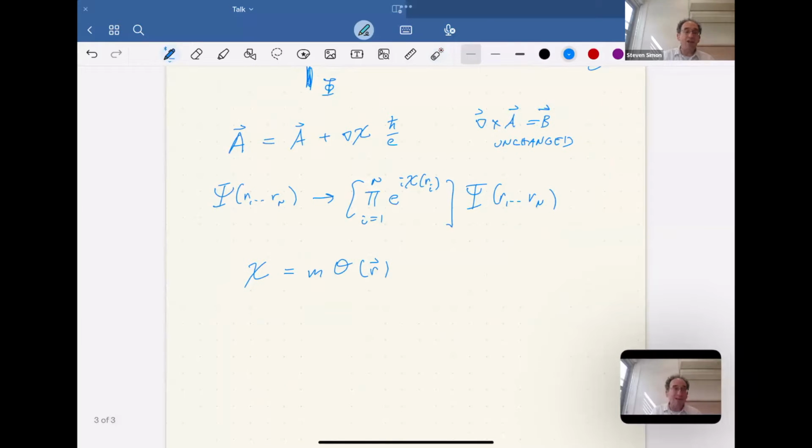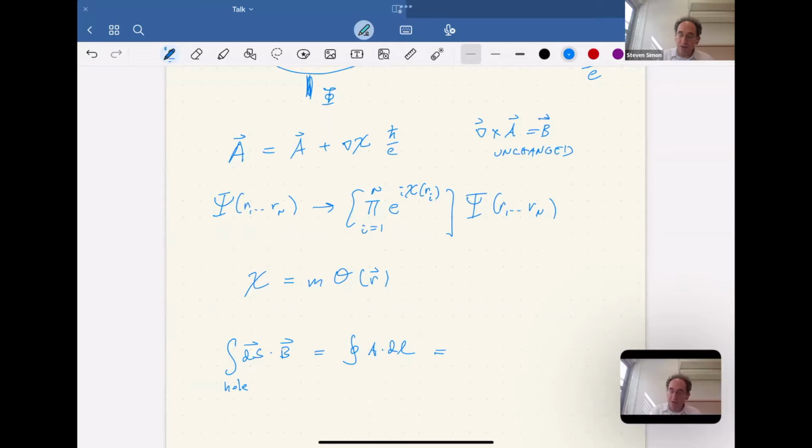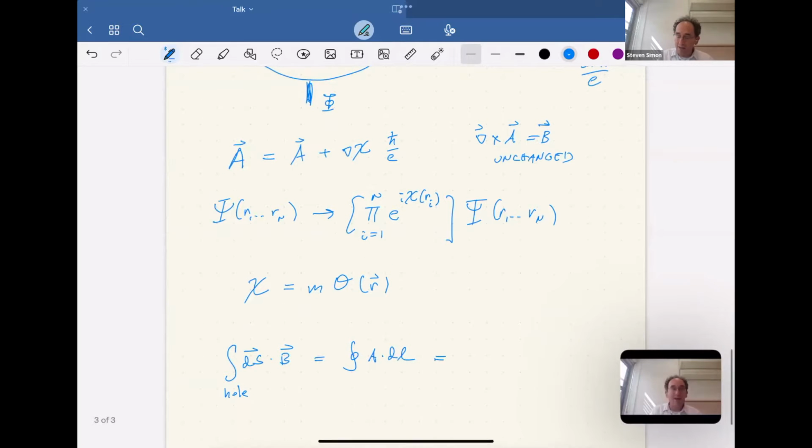So under this gauge change, the wave function is going to transform in this way here. And we can check how much flux is associated with this gauge change. The integral of dS dot B in the hole is the same as the integral of A dot dl around the hole. That is going to change the flux.